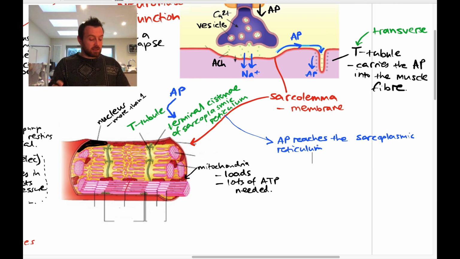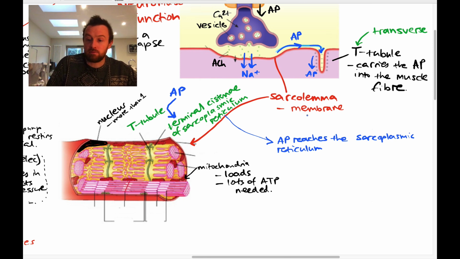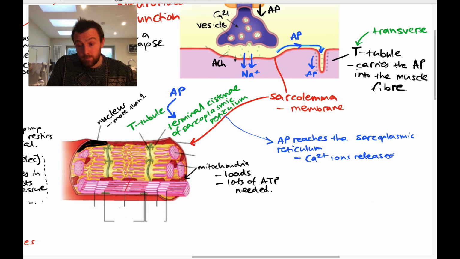there's a special setup which we don't need to know too much about, but there's these special channels that open, again they're voltage gated, and they release calcium from the sarcoplasmic reticulum into the sort of main body of the muscle cell. So AP reaches the sarcoplasmic reticulum, calcium released into muscle fiber.